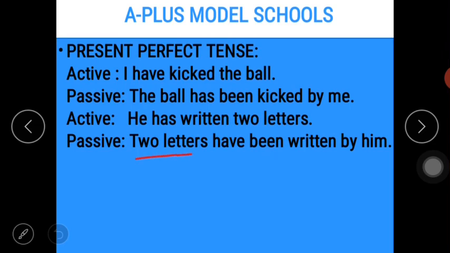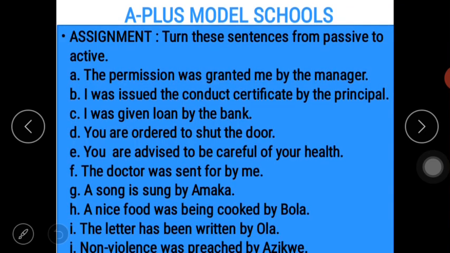So this passive gives us the present perfect tense in a passive form. Two letters have been written by him. So I believe you all understand that. Okay. So it's so simple and very direct.